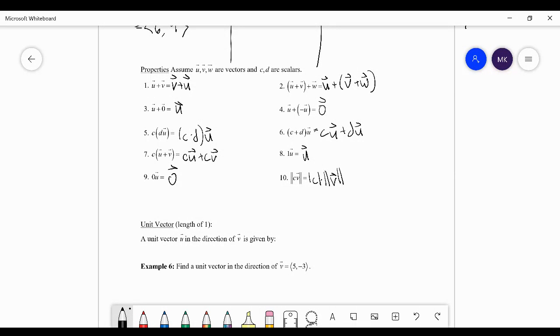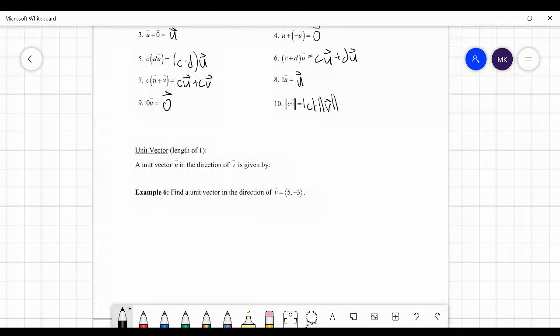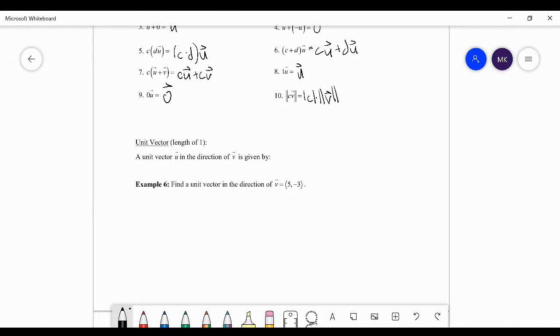All right, almost done with this first video. Let's do a nice little example. So unit vectors: a unit vector u in the direction of v is given by blank. So this first part is trying to figure out how can I identify not an equivalent vector, but a unit vector.